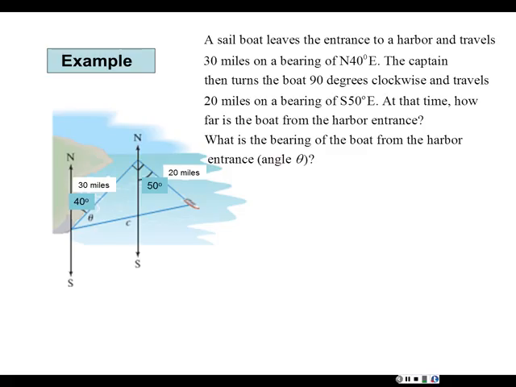So let's say I write tan theta here. Look at this question carefully. If I assume this is the theta, what is your opposite side? 20 miles, right? That is your opposite, and 30 miles is going to be your adjacent side.